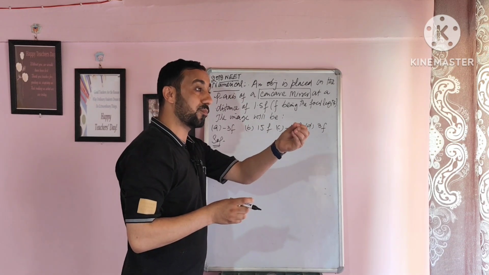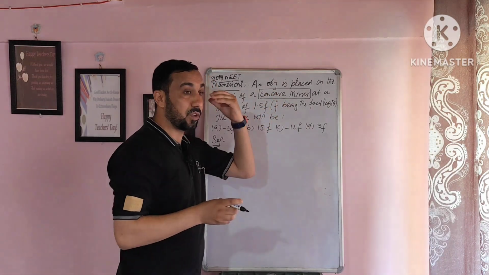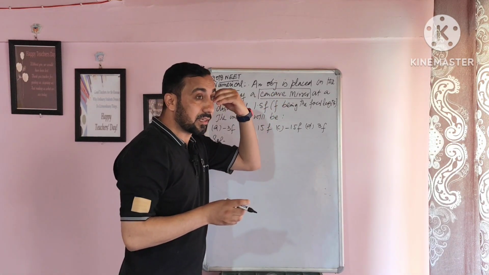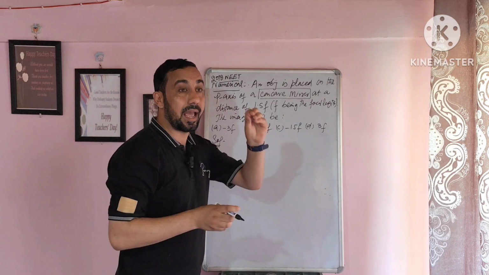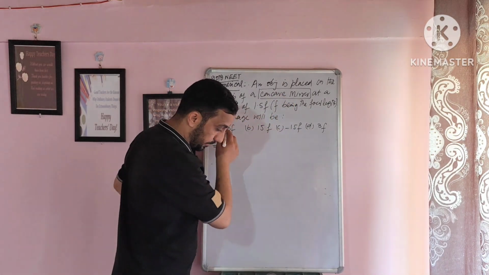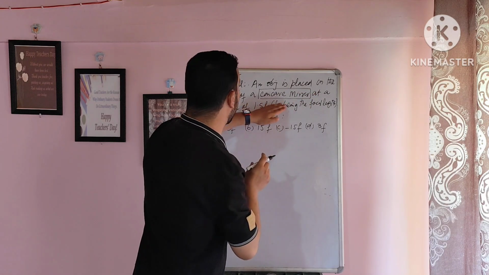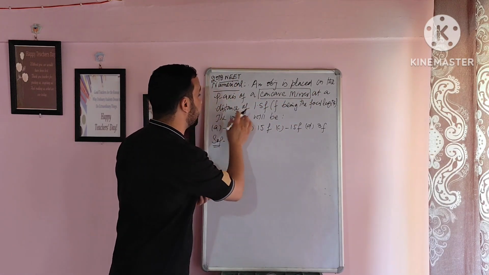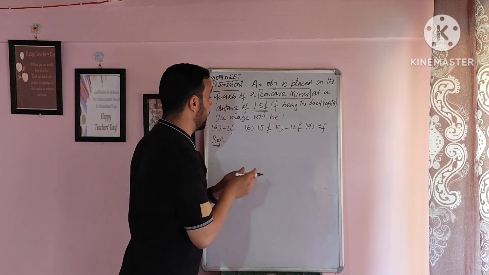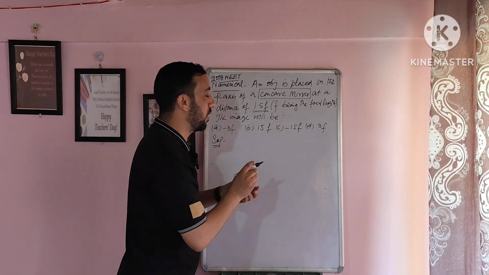Object distance is always negative, but first thing you have to read it loud. The concave mirror has a focal length negative. Dear students, first of all, we have here an object placed on the principal axis of a concave mirror at a distance of 1.5 f. That means the object distance here is 1.5 f.